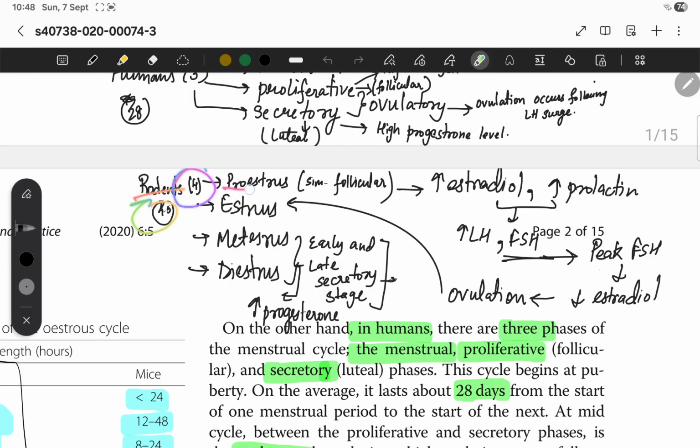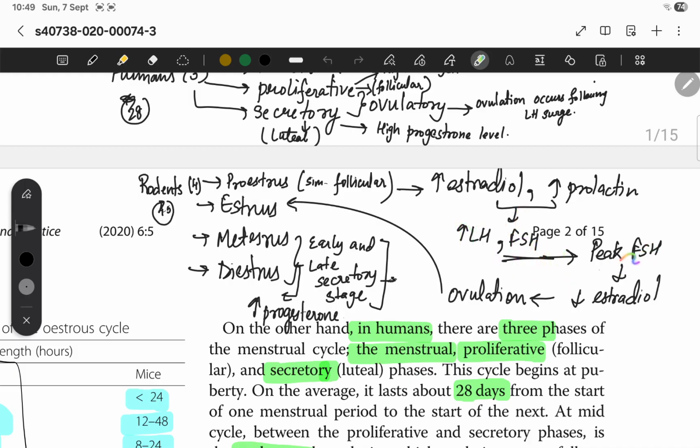It has 4 stages: proestrus, estrus, metaestrus, and diestrus. Proestrus is similar to the follicular stage. Metaestrus and diestrus are similar to the early and late secretory stage. So what happens in proestrus? There is a rise in estradiol and prolactin, which raises the LH and FSH.